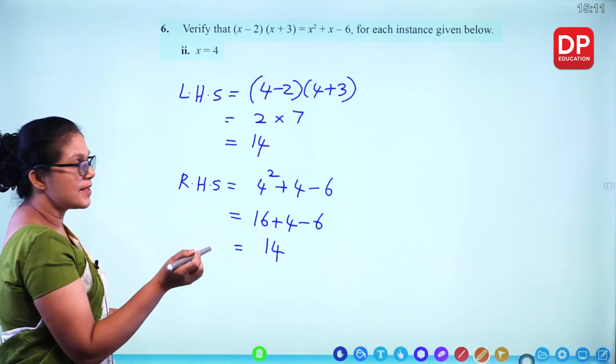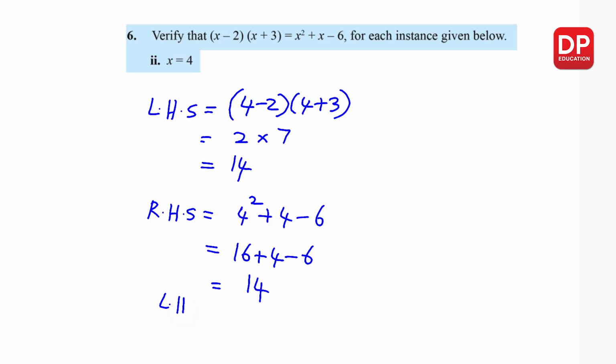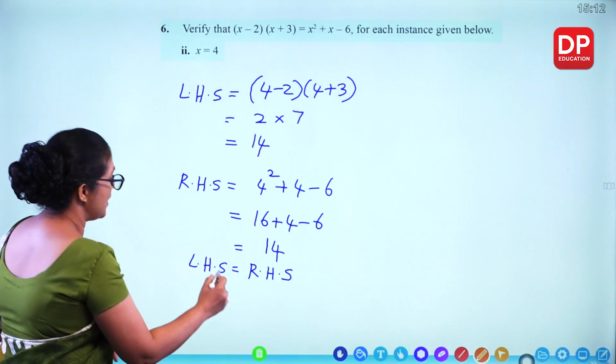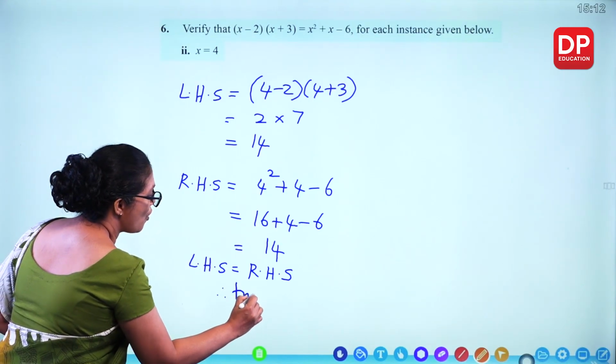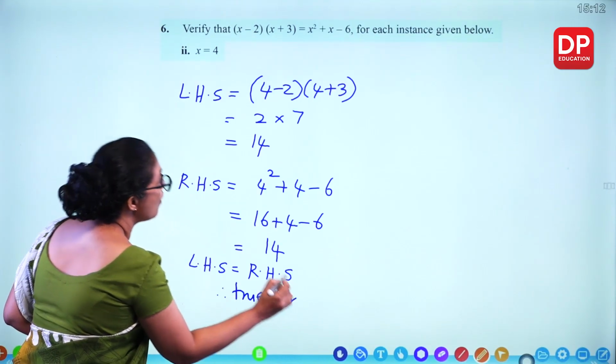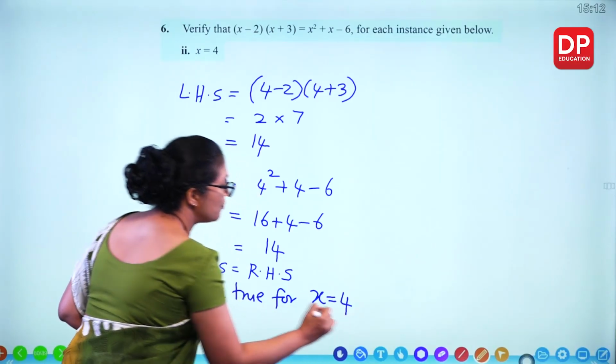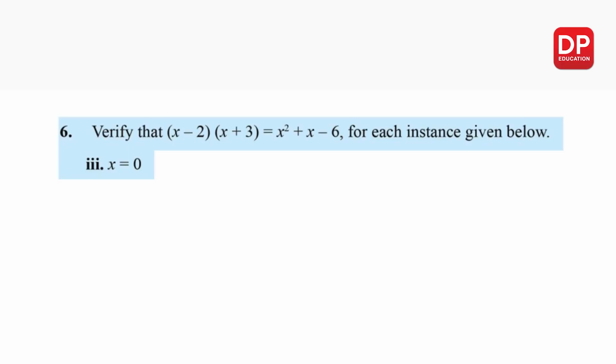So both are the same. So you can write left hand side is equal to right hand side. We can write true for x equals 4.